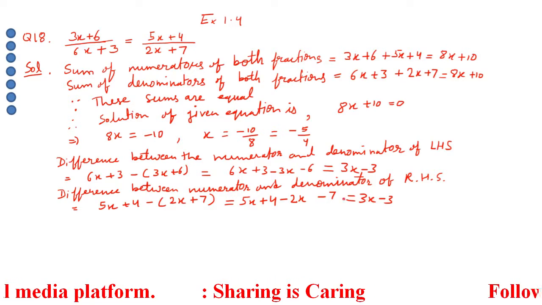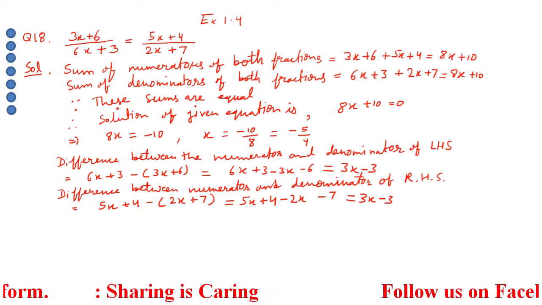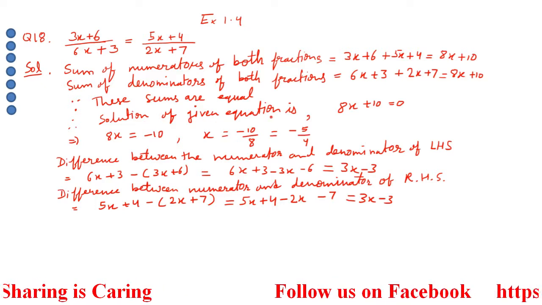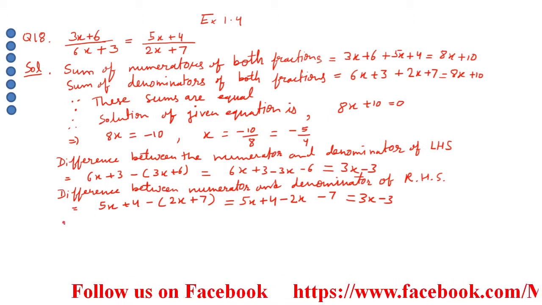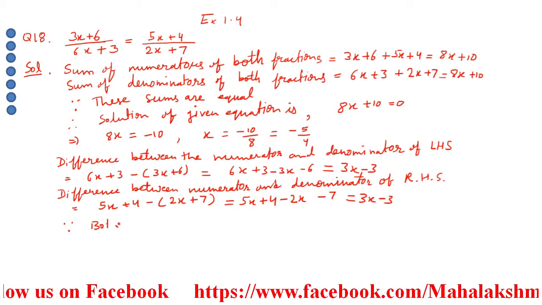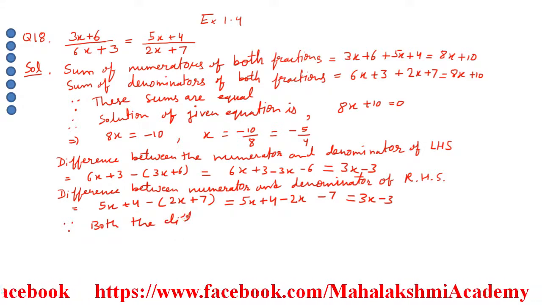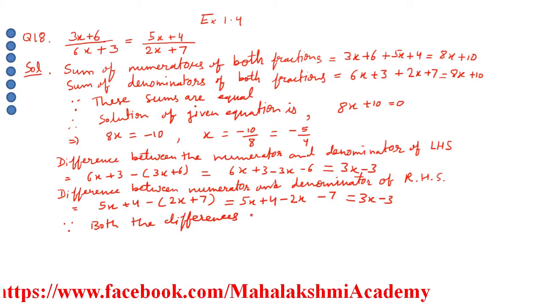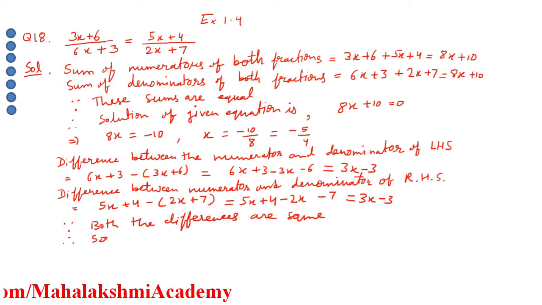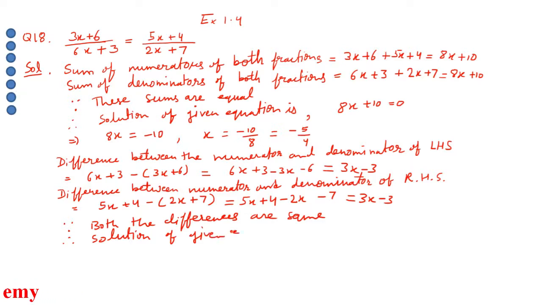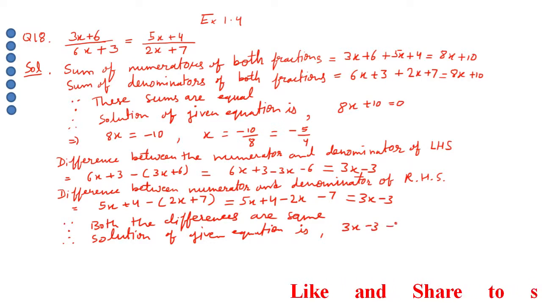Now since the difference is the same, just as we wrote that when the sums are equal the solution of the given equation is sum equal to 0, this time we will keep the difference equal to 0. So we write here: since both the differences are the same, the solution of the given equation is that we keep the difference equal to 0, that is 3x minus 3 equal to 0.